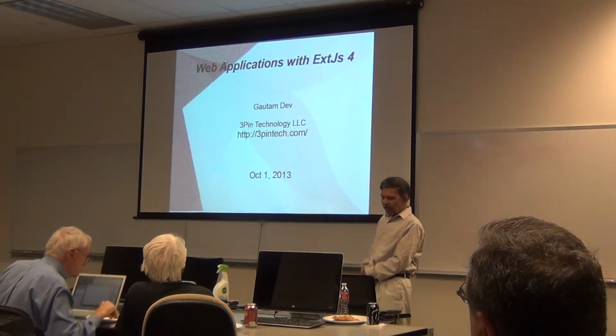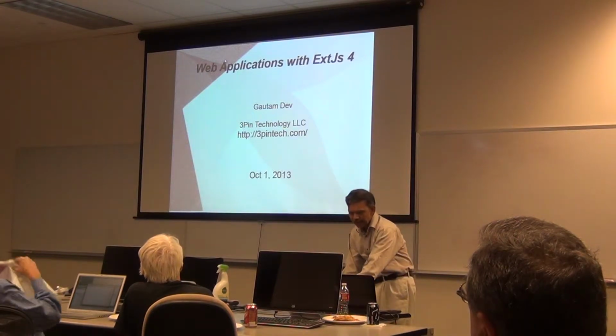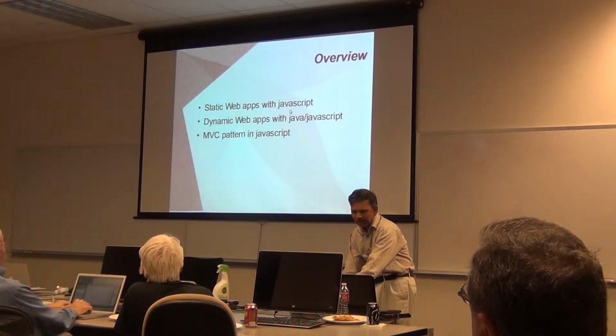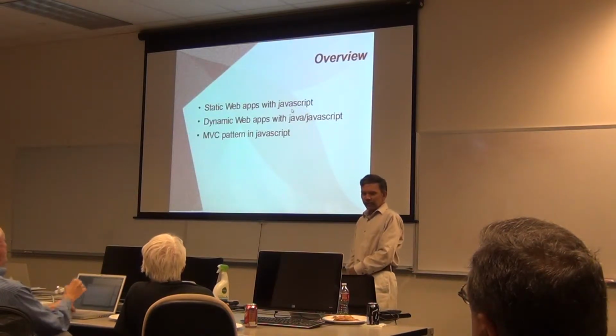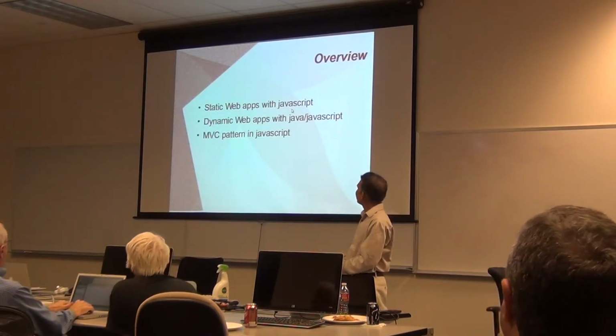So today's talk, as I said, is about a web application with ExtJs4 and a REST backend. This is a brief overview. I'll first show static web apps with just JavaScript.